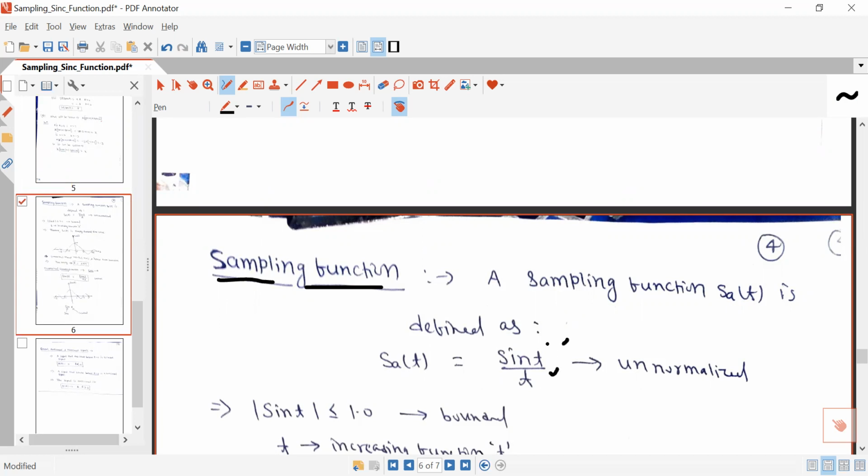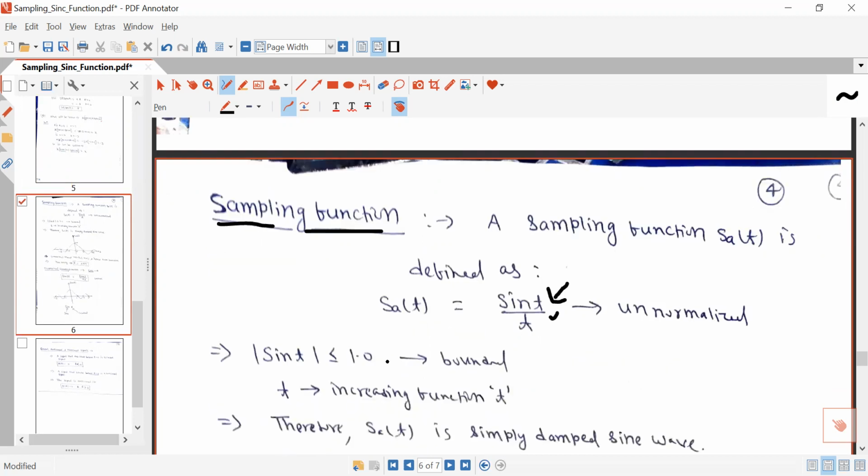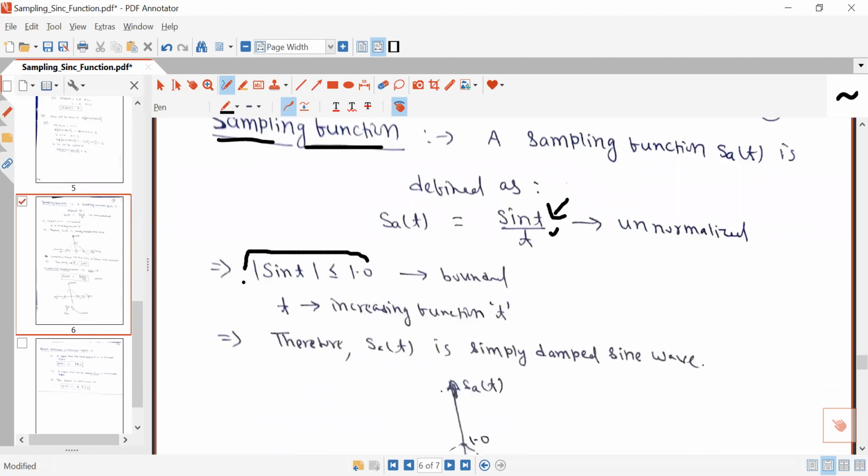Here sin t is a bounded function, because the modulus of sin t cannot be greater than 1. It will always be less than or equal to 1. So this is a bounded signal. But t is an increasing function of t. t can be 1, 2, 3, 4, 5, 6, 7, 8, any real value.